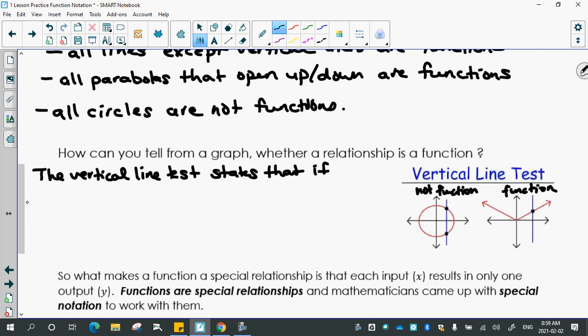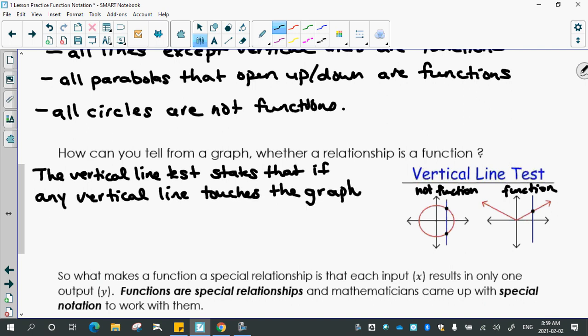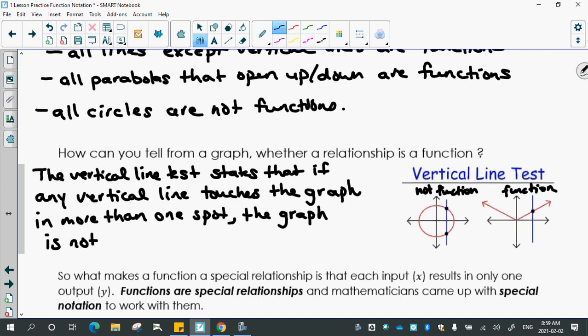The vertical line test states that if any vertical line touches the graph in more than one spot, the graph is not a function.